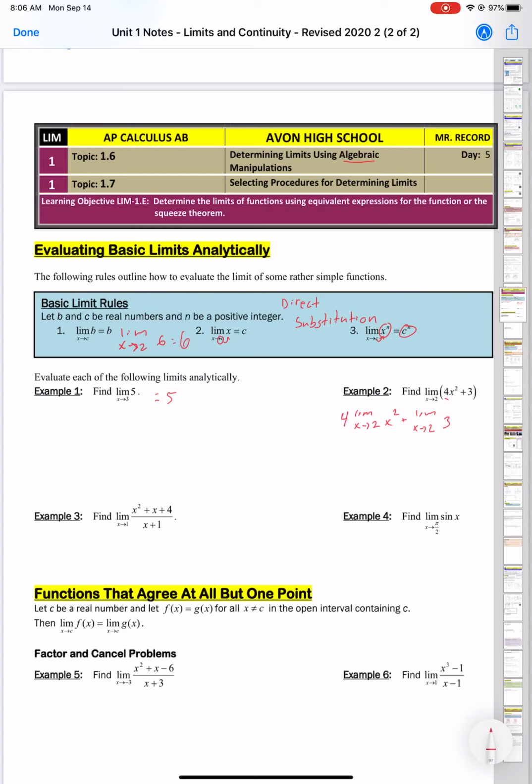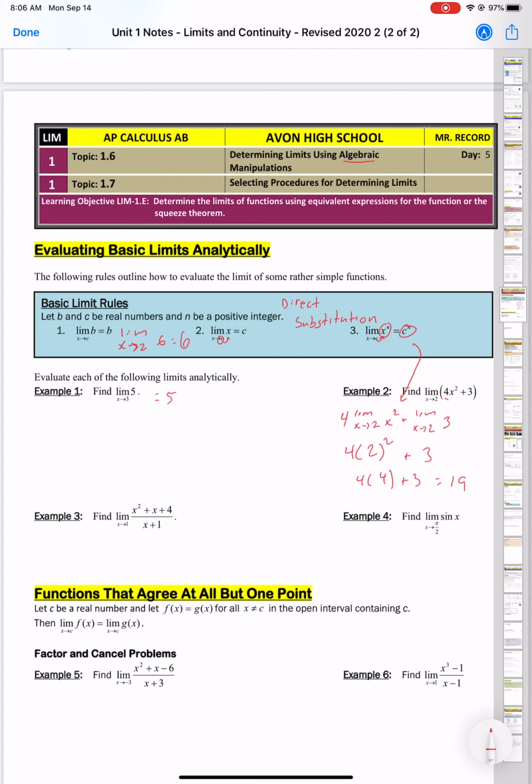And then I could use the power property to say this is really equal to 4 times 2 squared plus, well, the limit of the constant here is just 3. So 4 times 4 plus 3, this would be 19.